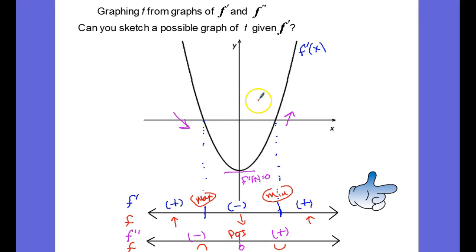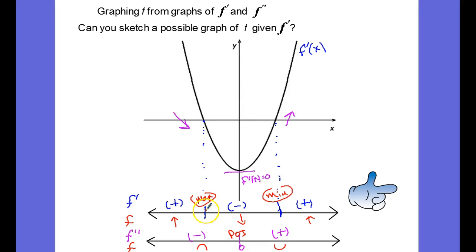So in the tradition of curve sketching, we just want to capture this information with something that is representative and meets these criteria. So it's not going to be exact, but that's okay.